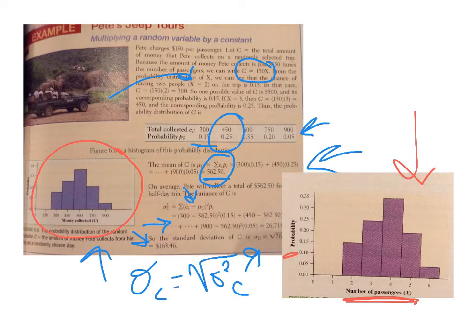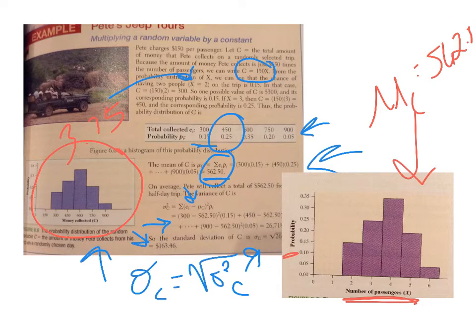The center in my original one here was 3.75, whereas the mean of the money collected is 562.5, which is 150 times 3.75.